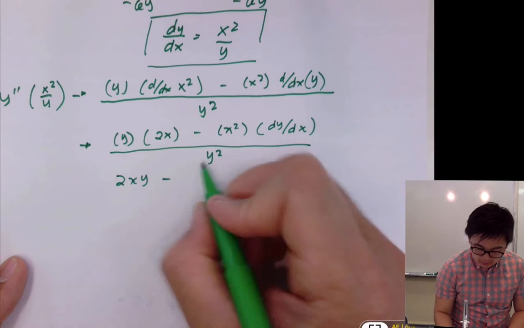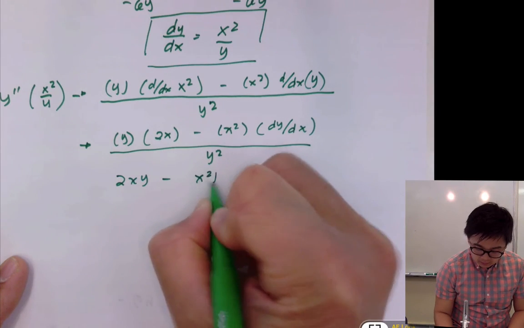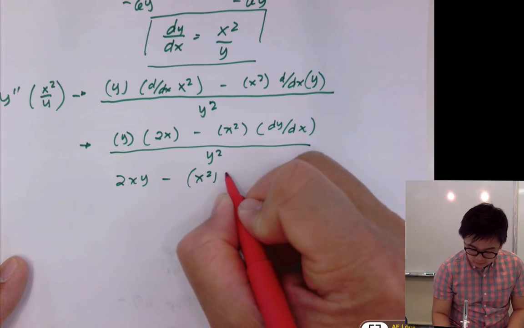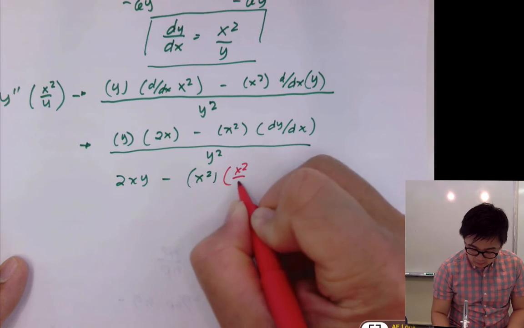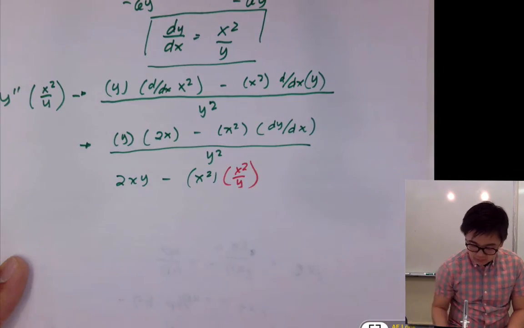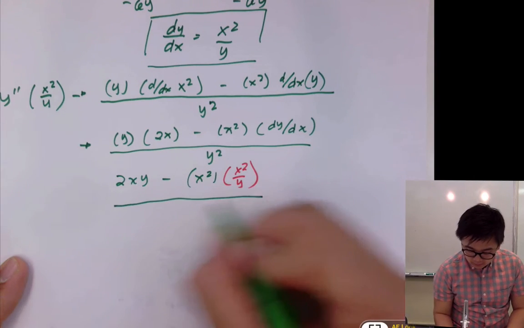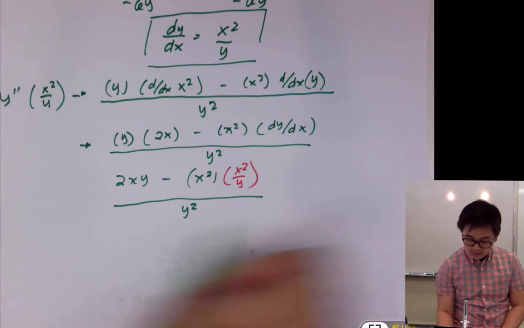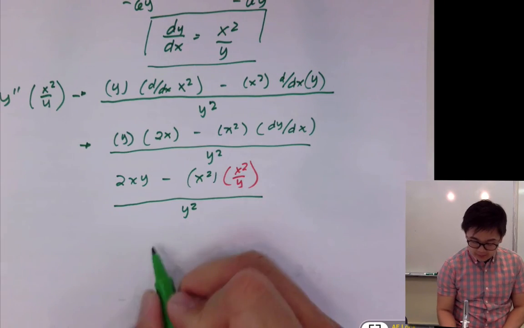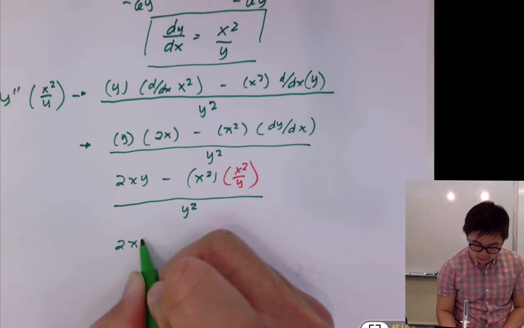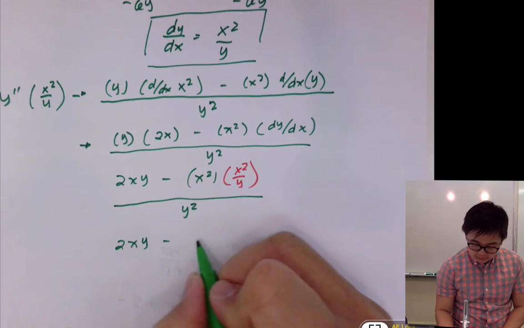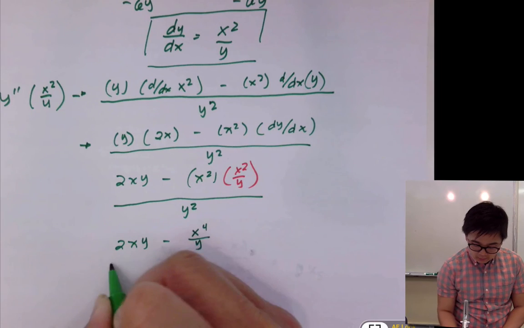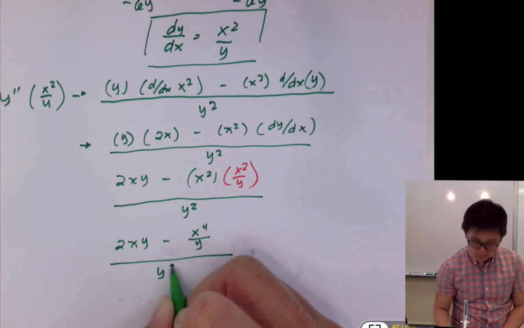We'll end up with 2xy minus x squared multiplied by the dy/dx, divided by y squared. And by simplifying this, we'll have 2xy minus x to the fourth all over y, divided by y squared.